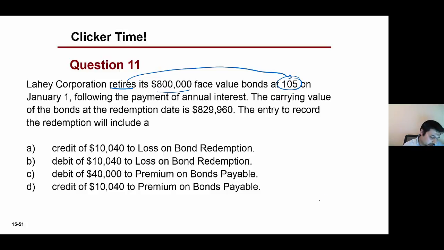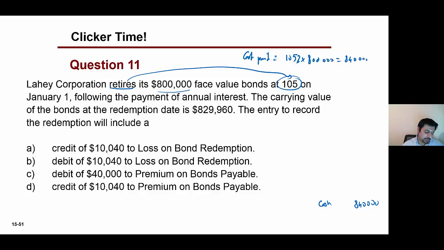So we know that cash will be credited 840,000, which is equal to, so cash paid will be equal to 105 multiplied by 800,000, and that would be 840,000.